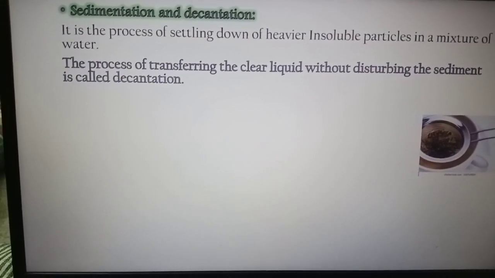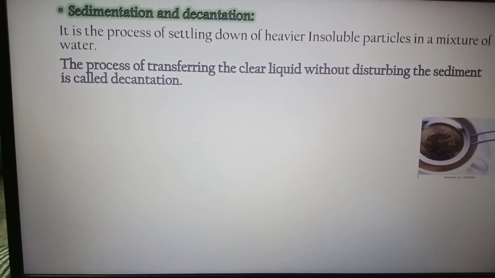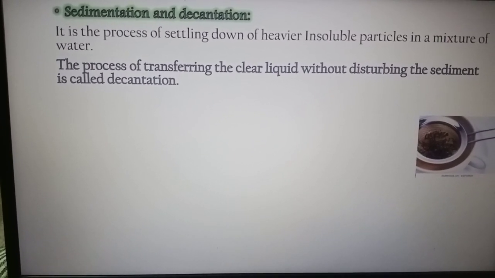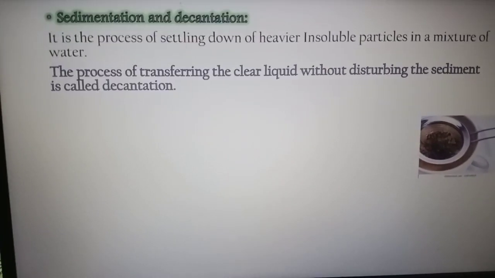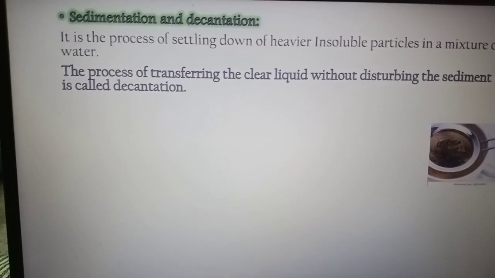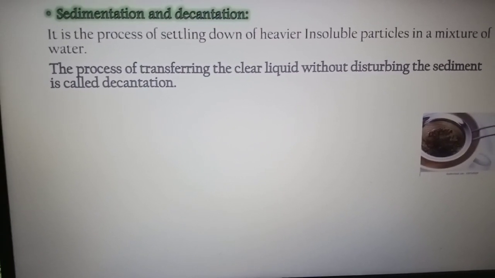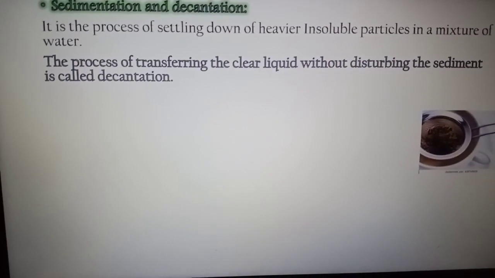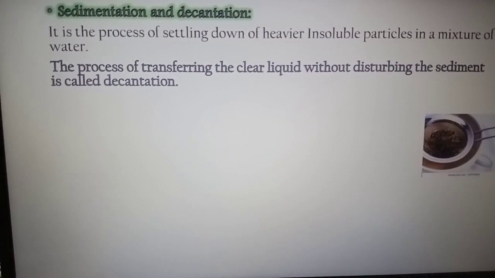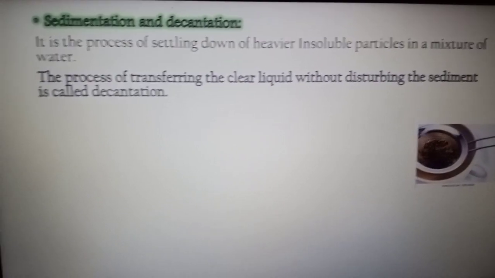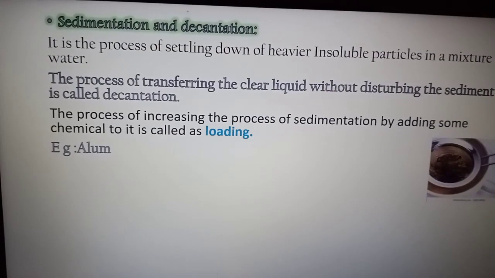This process of settling down of heavier insoluble particles like sand is called sedimentation. Next is decantation. Once the mixture gets settled down, you can transfer the clear water to another beaker. This process of transferring clear liquid without disturbing the sediment is called decantation.